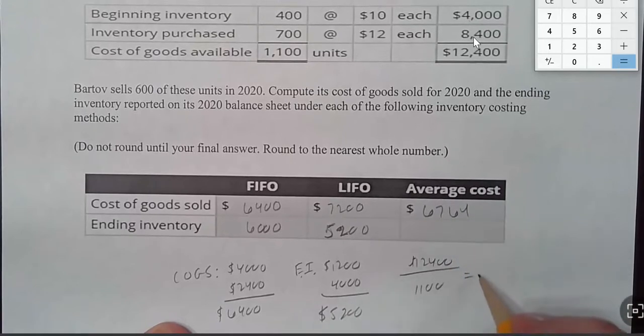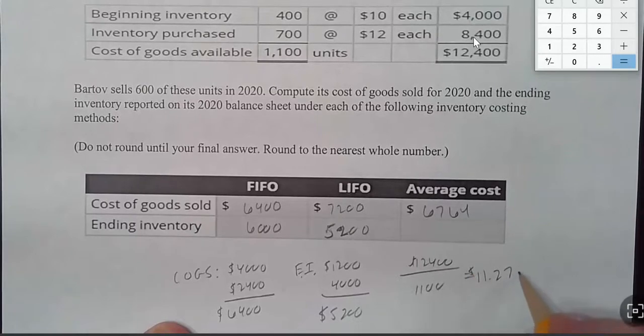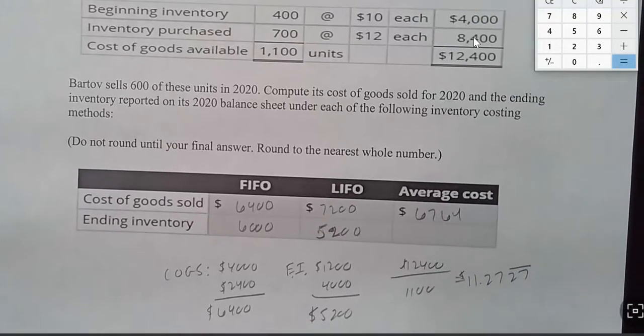That was about $11.27 roughly. That was our average cost. So 6,764 is our cost of goods sold.